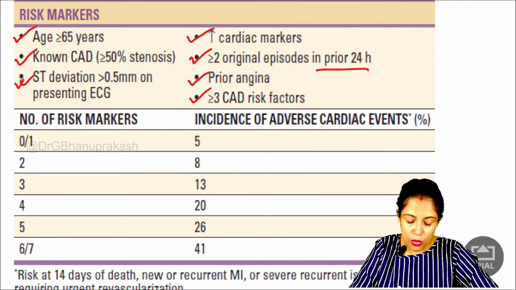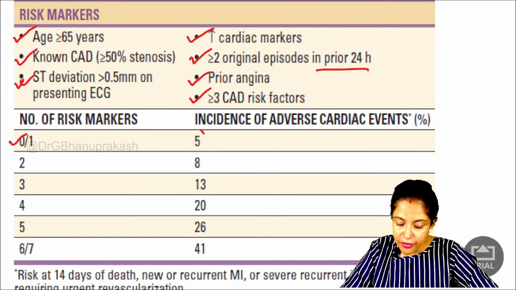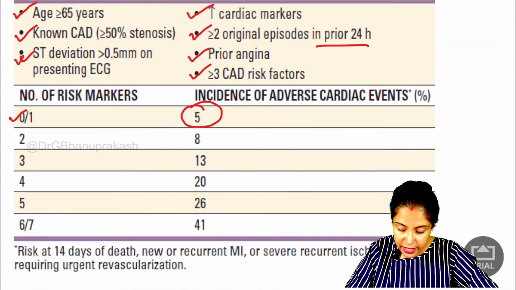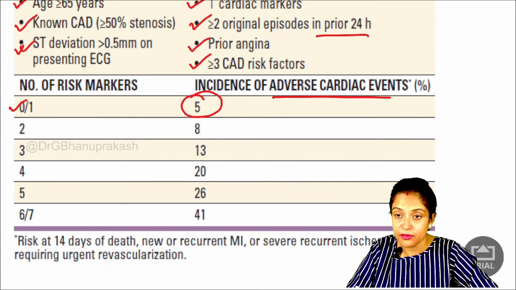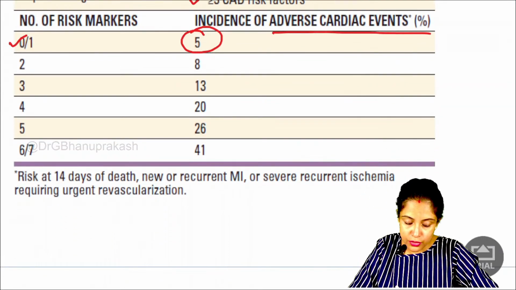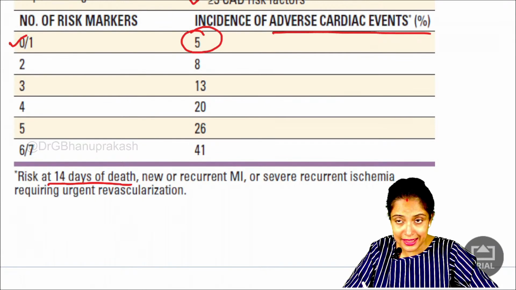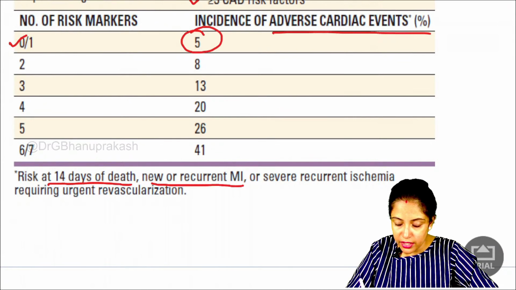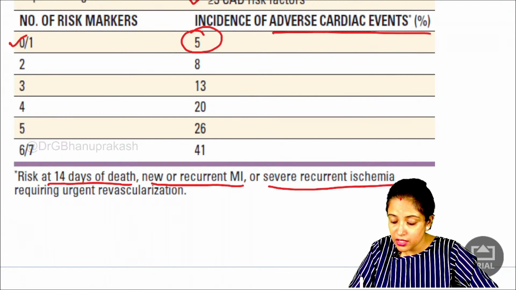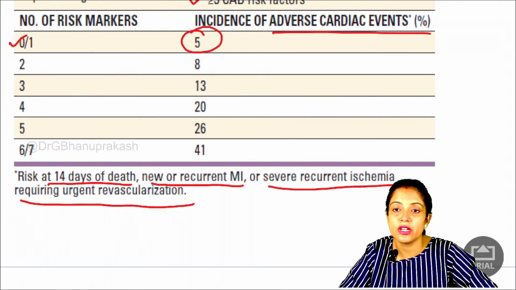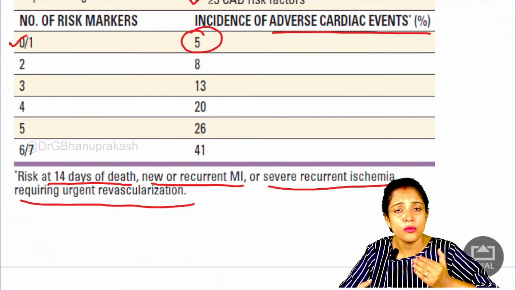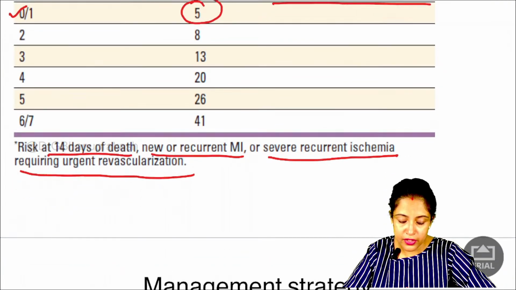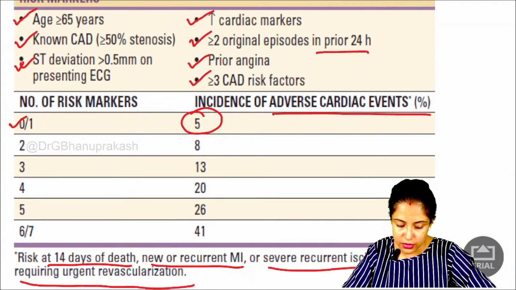If the patient's score is 0 or 1, there is a 5% chance of adverse cardiac events. What do I mean by adverse cardiac events? It means the risk at 14 days of death, new or recurrent myocardial infarction, or severe recurrent ischemia resulting in urgent revascularization.